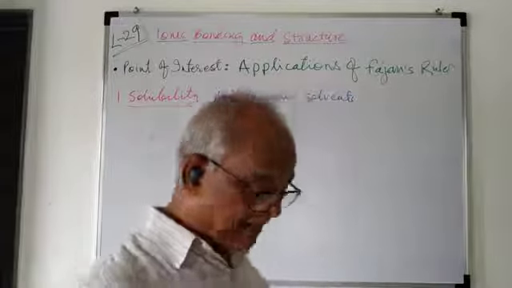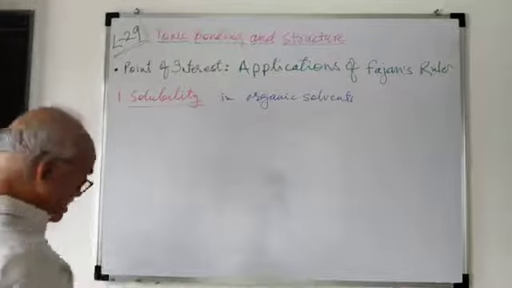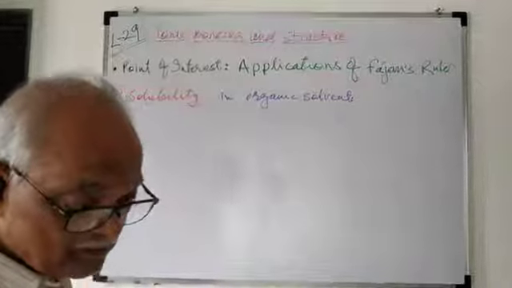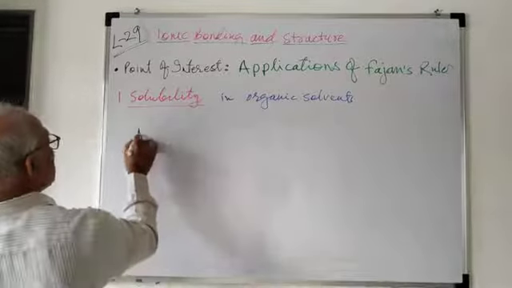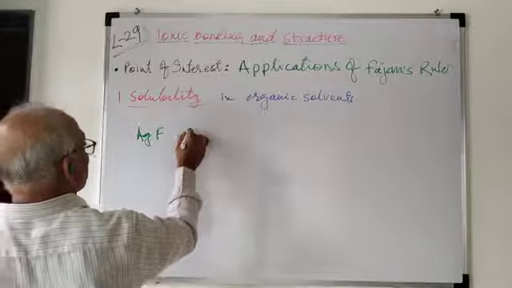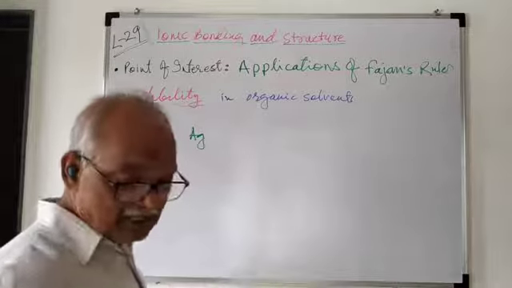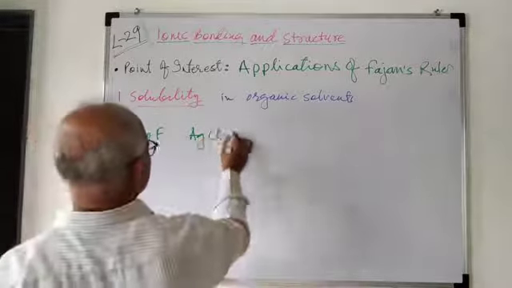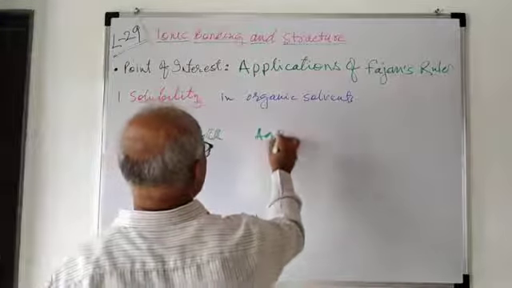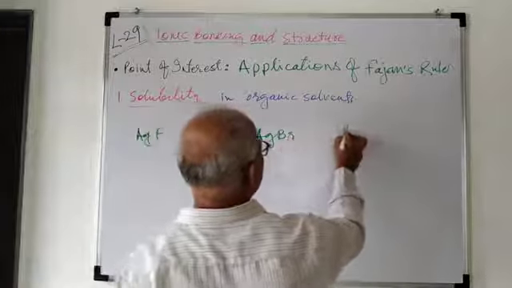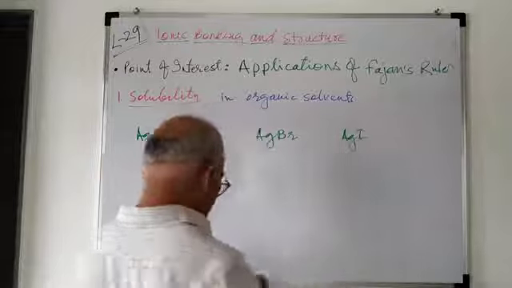If we take the first example, that is AgF, AgCl, AgBr and AgI.